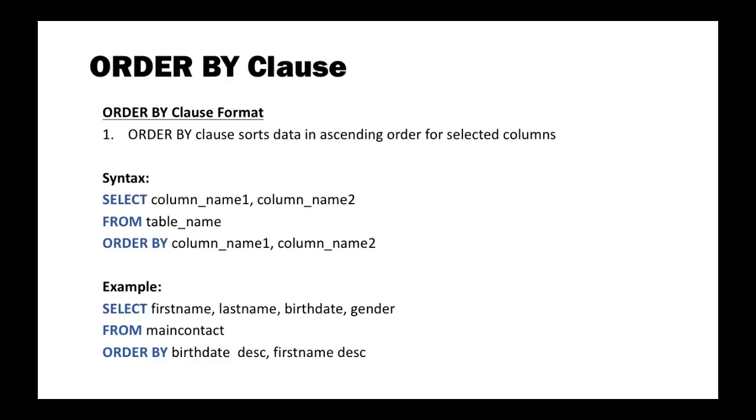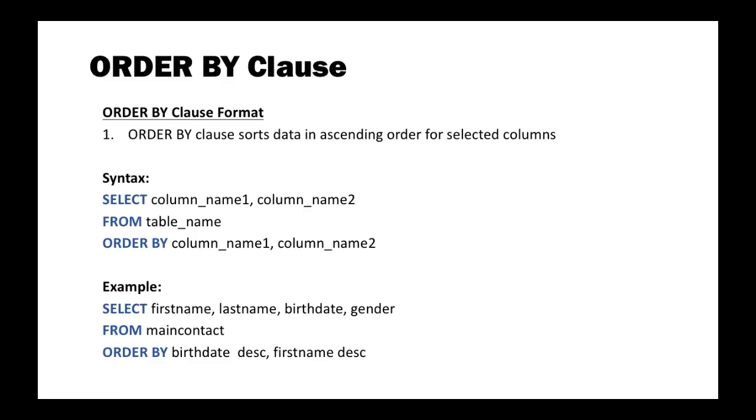The ORDER BY clause statement specifies the column that you want to be in ascending or descending order. And you can specify more than one column, but you have to do that by adding commas between the column names. Whenever you're writing a statement, it automatically defaults to ascending order.